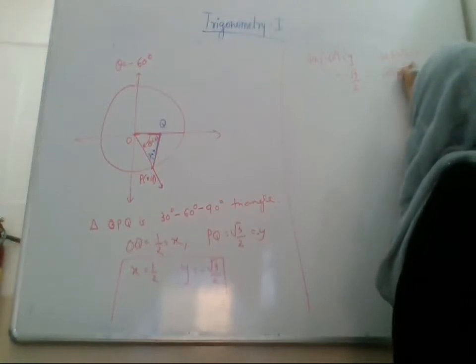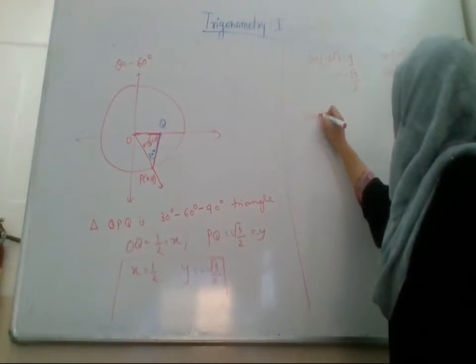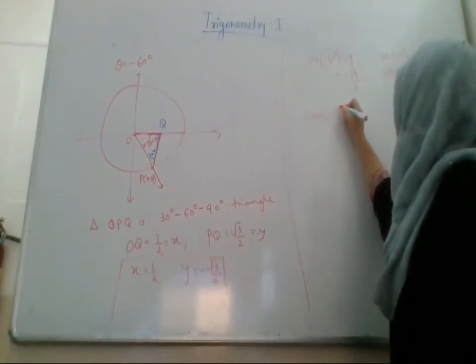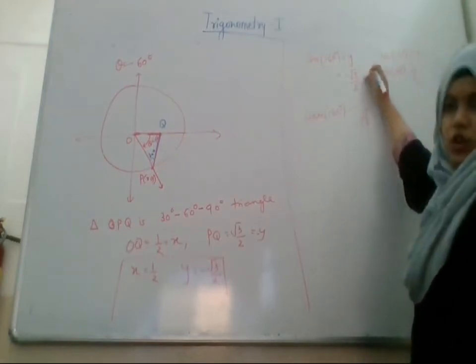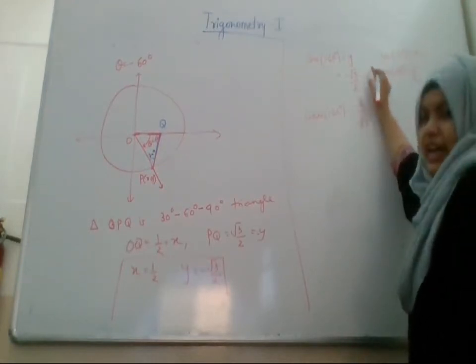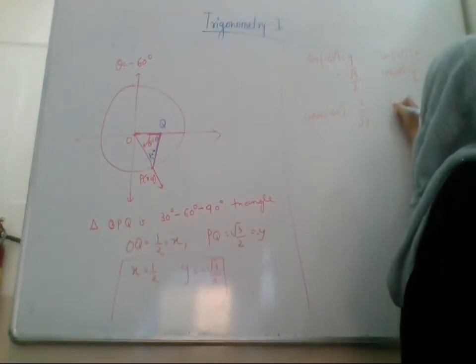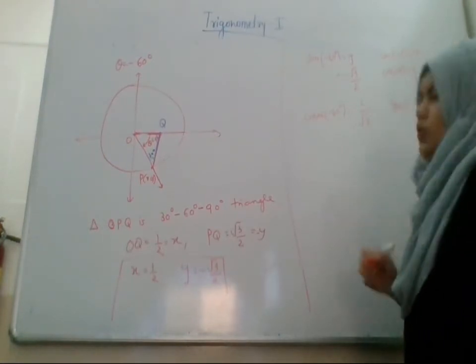From here we can find all the trigonometric values at minus 60. Sine minus 60 is y, so it is minus root 3 upon 2, and cos minus 60 is x, which is 1 upon 2. Cosec minus 60 will be minus 2 upon root 3, the reverse of sine, and sec minus 60 degree will be 2.